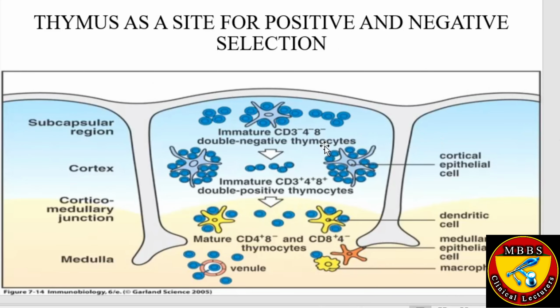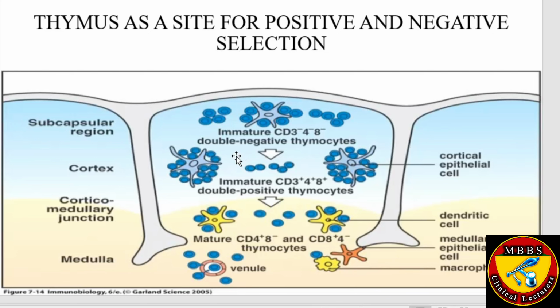Now the thymus as a site for the positive and negative selection. When the T cells enter the thymus, they lack antigen receptors and the CD3 and CD4 and CD8 proteins on their surface.